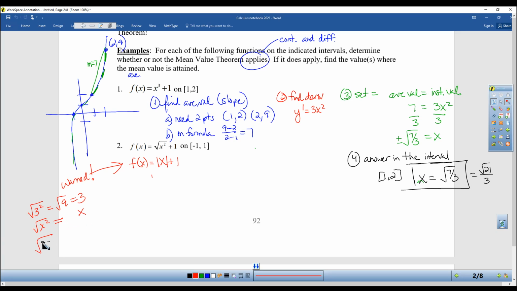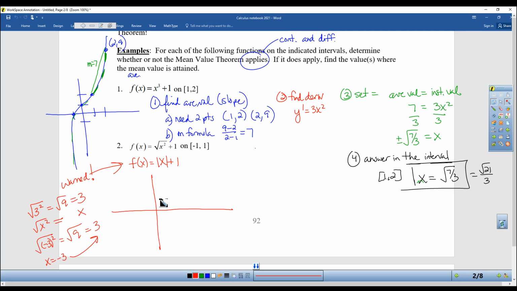But if you have the square root of negative 3 squared, so x is equal to negative 3, then you get the square root of 9, which comes out to be 3. So did the square root of x squared come out to be x? No. Once you square it, that makes it positive, and when you take the square root, you're going to get positive. So the square root of x squared will actually come out to be the absolute value of x.